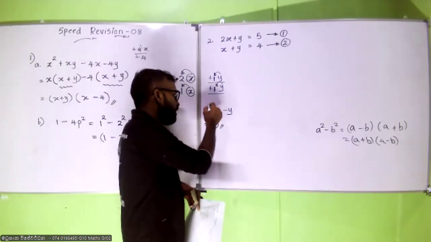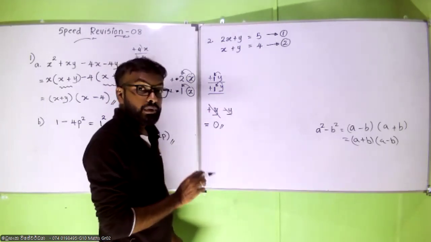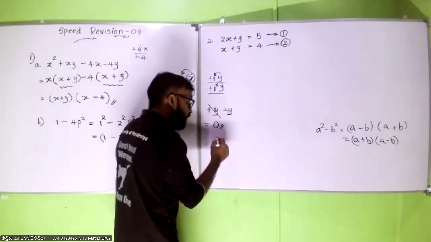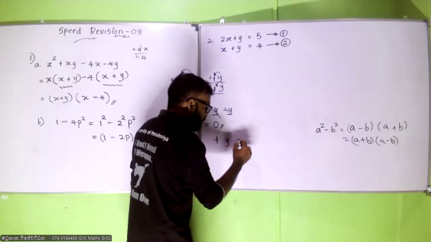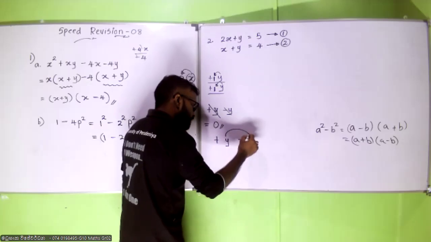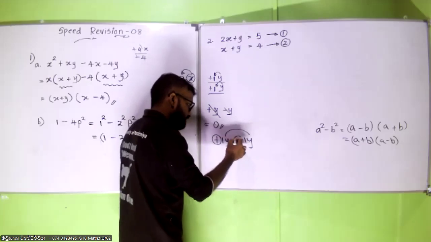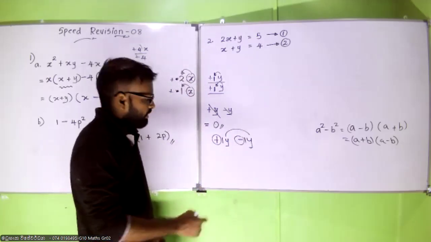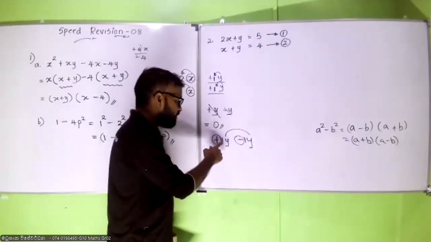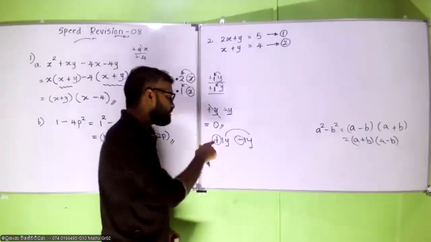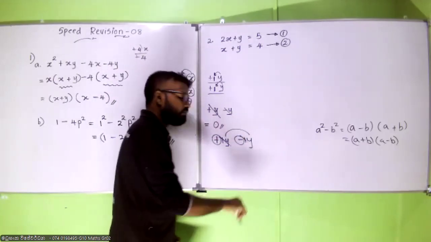So you are eliminating your y term, right? If you want to eliminate a particular term, you need to have the same term with the same coefficient, but different signs. Same term y with the same coefficient 1, 1, but different signs, positive, negative, you can eliminate this term.